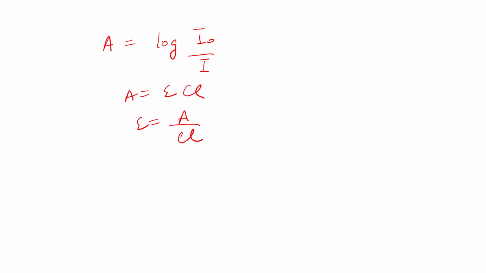Then in UV, you should remember that A equals log I0 by I, A equals epsilon C l, or if you have to calculate the molar extinction coefficient, it will be A by C l.